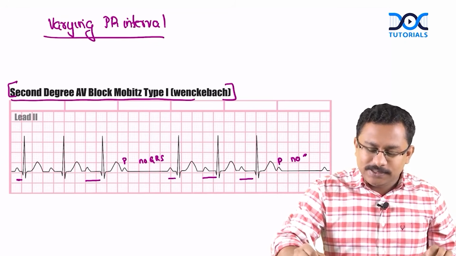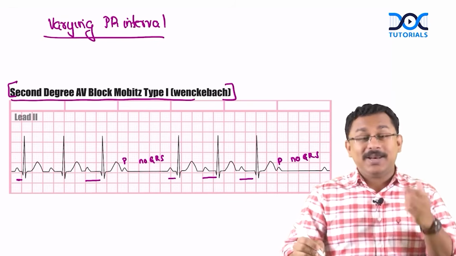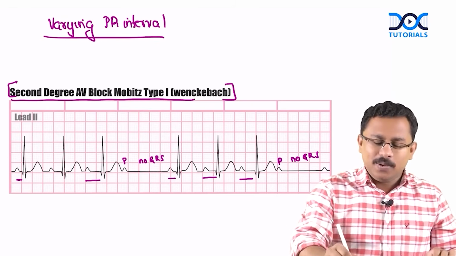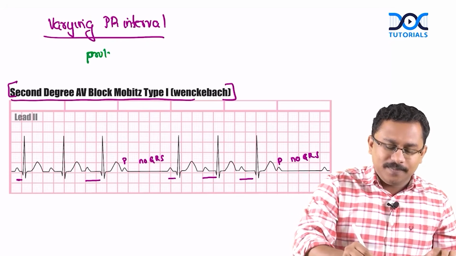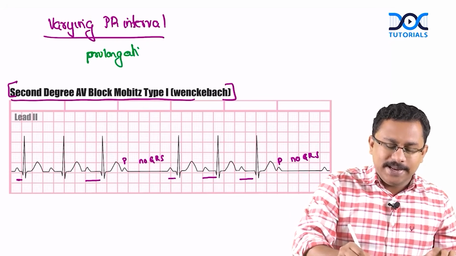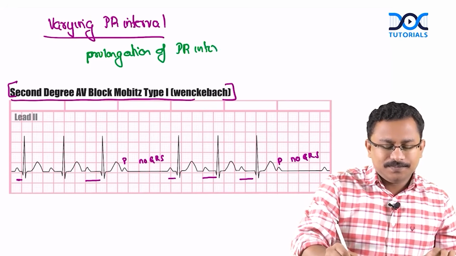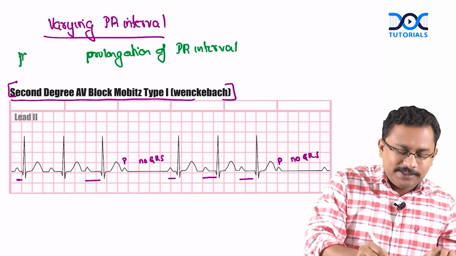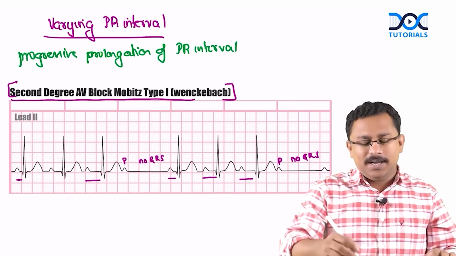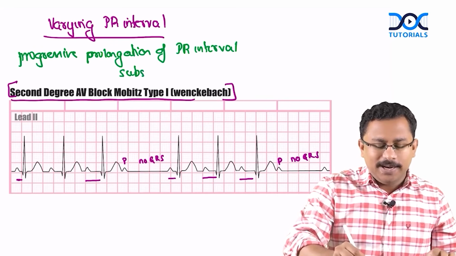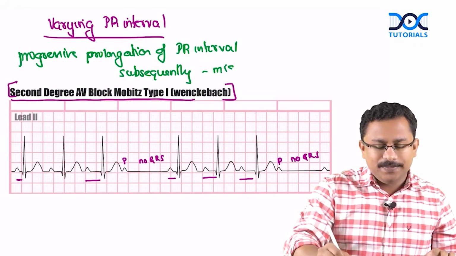So in the Wenckebach phenomenon, as it is called, there is a gradual, progressive prolongation of the PR interval. Subsequently, there is a missed beat.